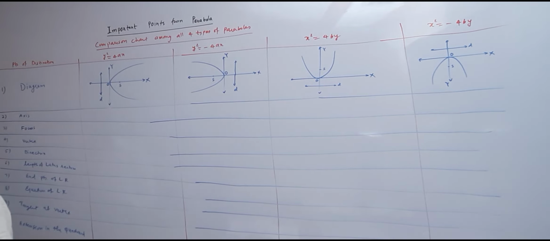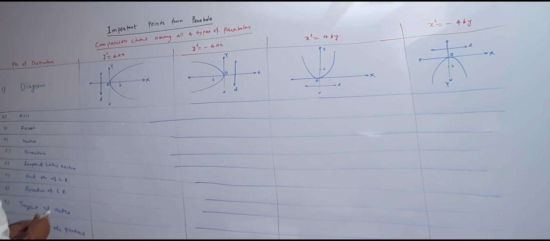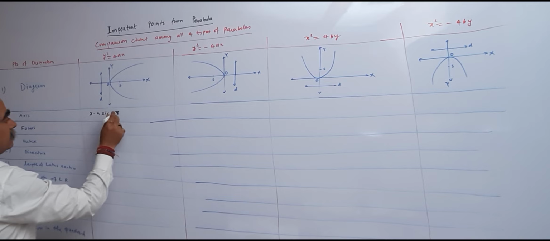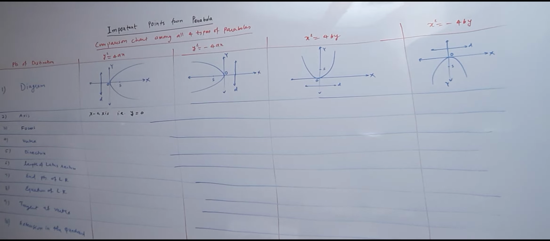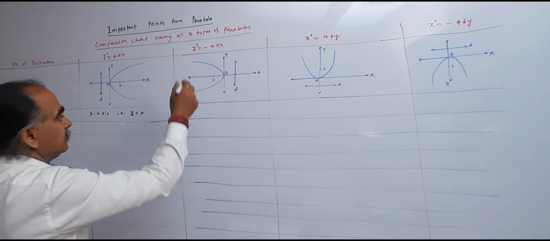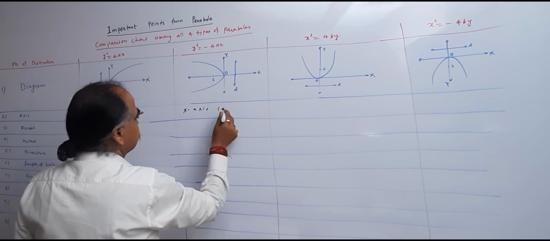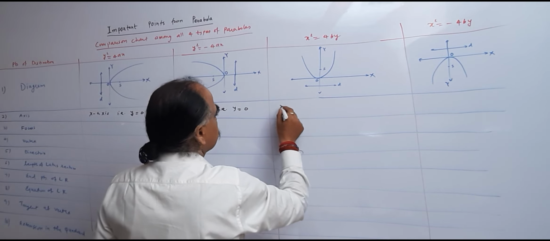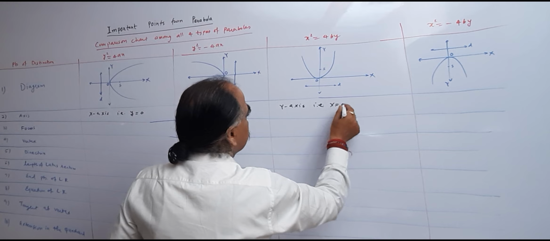Now see this. Axis is what? X-axis, that is y is equal to 0. Here axis is X-axis, that is y is equal to 0. Here axis is Y-axis, that is x is equal to 0.